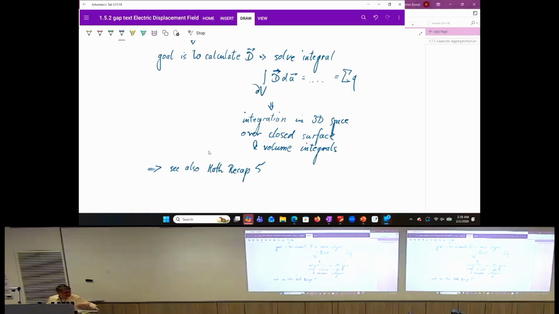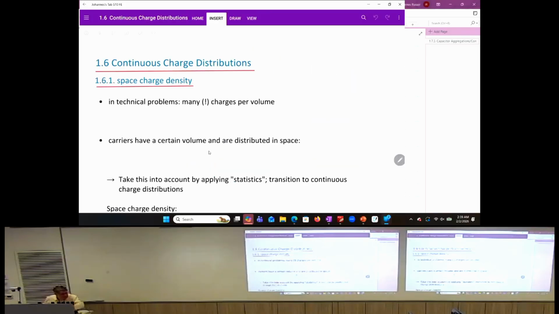Okay, that brings us now to a further aspect. Thus far, we have assumed that we had point charges, but it is also very useful, and maybe more common, to work with charge distributions, so charges per volume, as this is better for us to handle in practical applications. In many technical problems, we rather work with charges per volume.